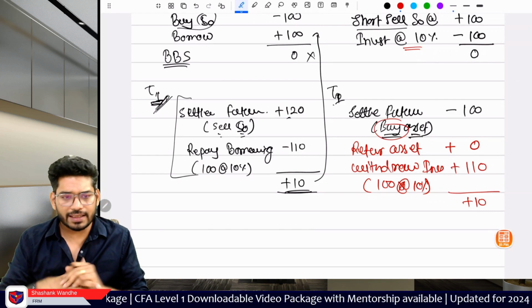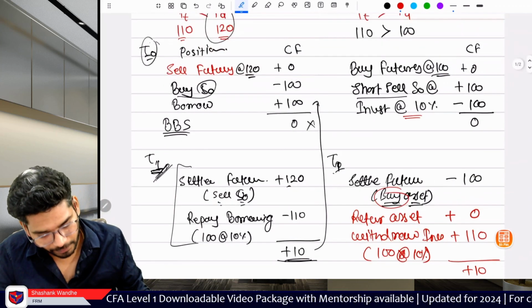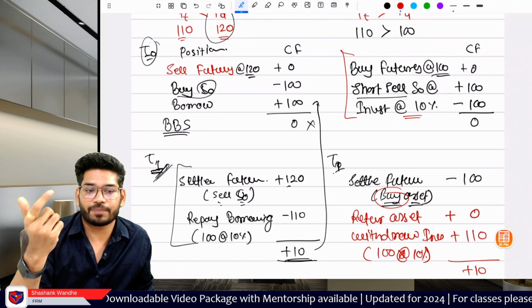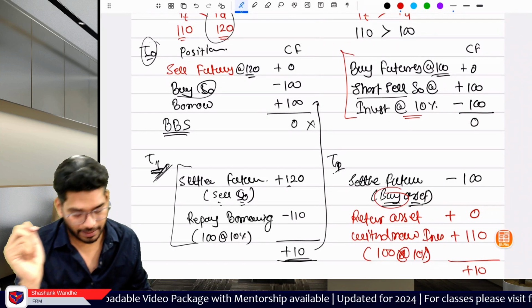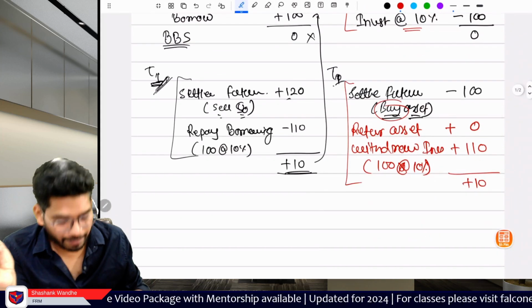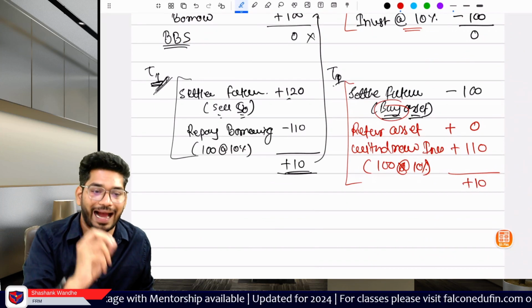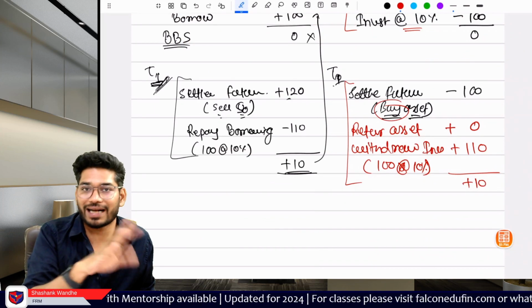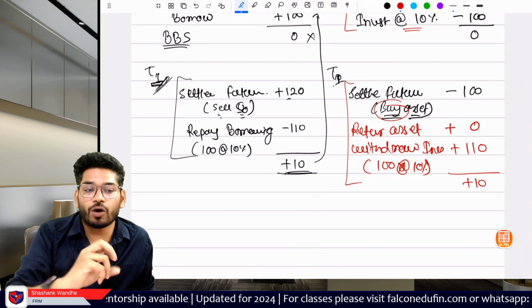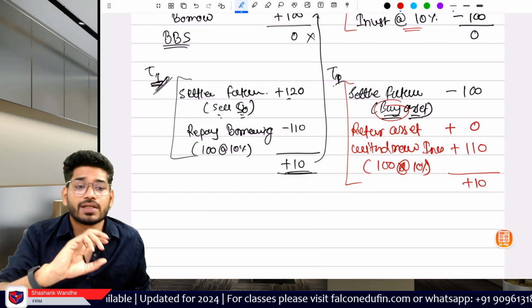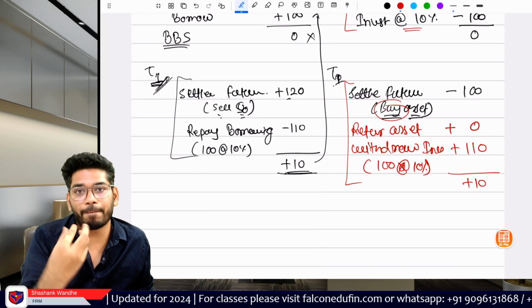Now, see this. If you think about the logical sequence, ideally it is buy futures, then you short sell, and then you invest. At time t1, the logical sequence will be, first you withdraw funds, like 100 invested at 10%. Out of those funds which you withdrew, you will settle your futures by buying the asset.